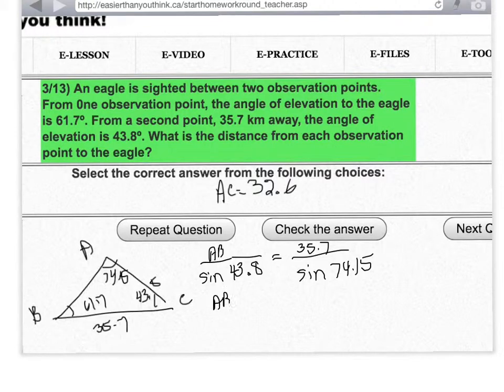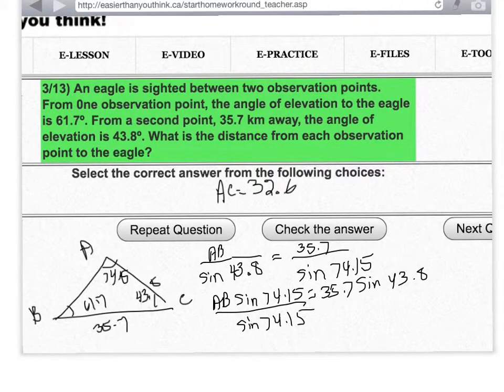I get AB sine 74.5 is equal to 35.7 sine 43.8. I divide by sine 74.5. It's going to be almost the same answer. So AB is going to be approximately 78.6.